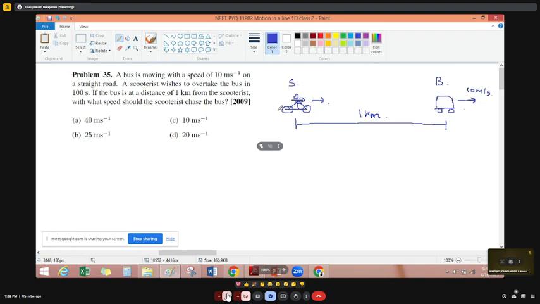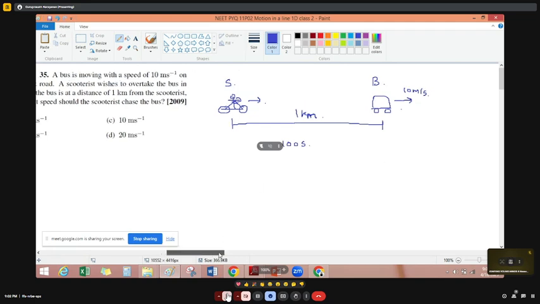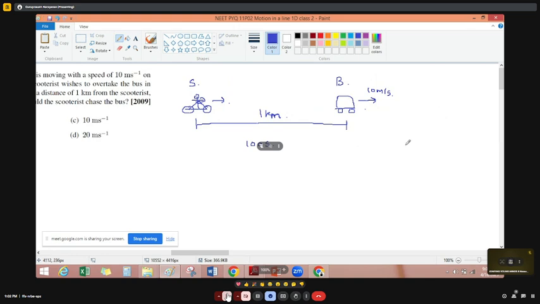The bus is at a distance of one kilometer, so you have to overtake the bus. They are asking at what speed he must go so that he can overtake within 100 seconds. So after some time, this bus would have gone somewhere here. After 100 seconds, the bus would have gone here. The scooterist should travel all this distance and this distance, and he should be here.